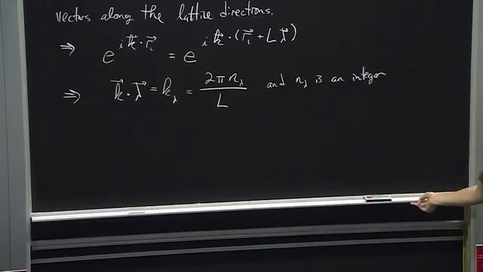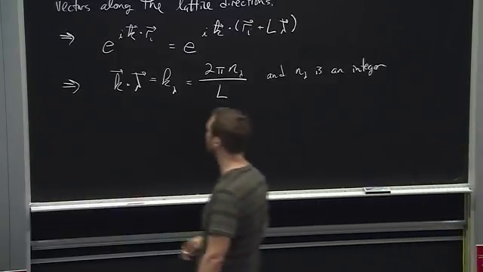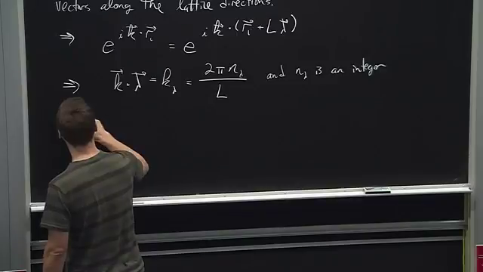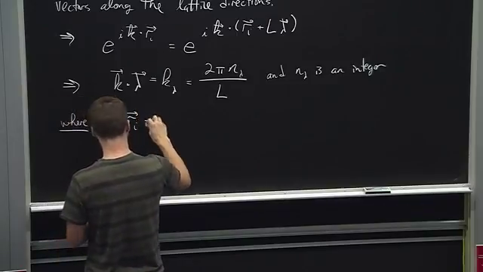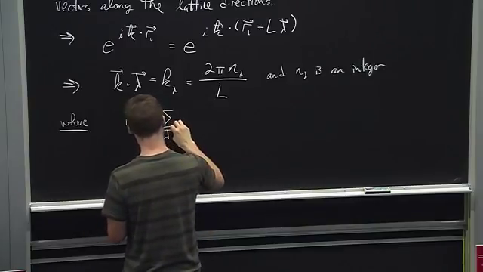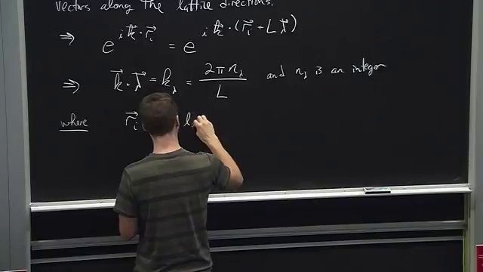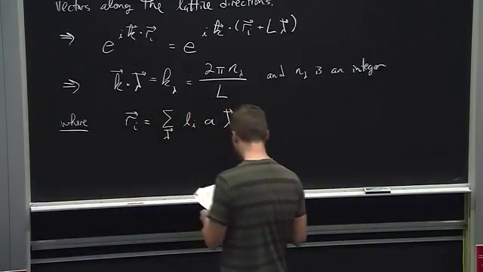Okay, so it's basically defining your lattice in K space, where, I mean, remember, in position space, your R vector is a sum over all those unit vector directions. And I'll introduce A here.